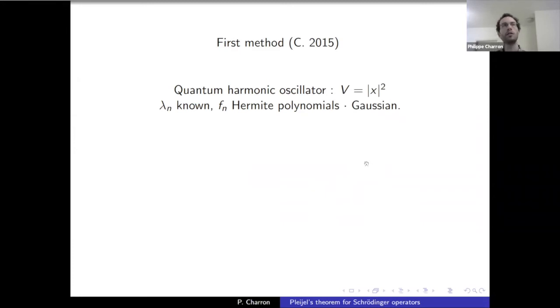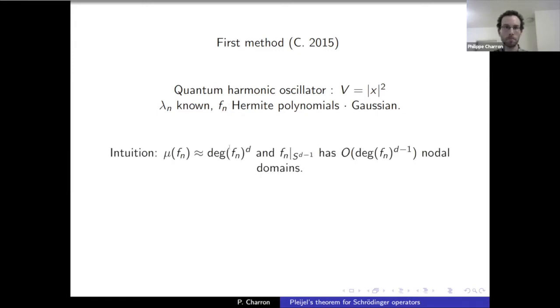Actually, they're not completely explicitly known because you have high multiplicity, so you know a complete basis, but you don't know all the eigenfunctions. The eigenfunctions are just some polynomials times a Gaussian function. So the zero set is pretty much exactly the zero set of a polynomial. Also, you can control the degrees of Fn. You pretty much know the degree of Fn in terms of n.